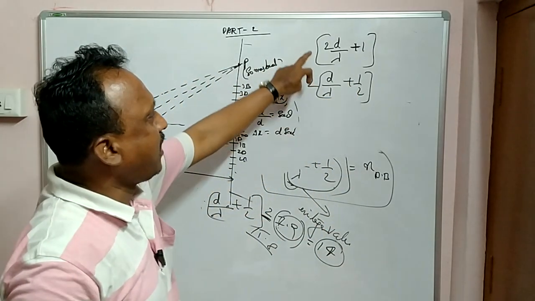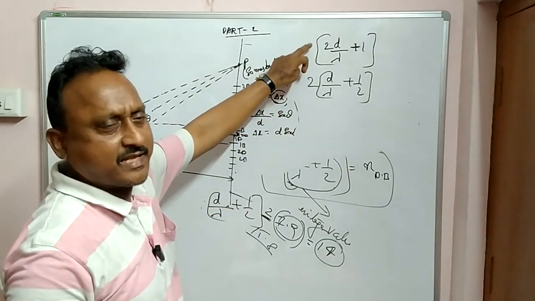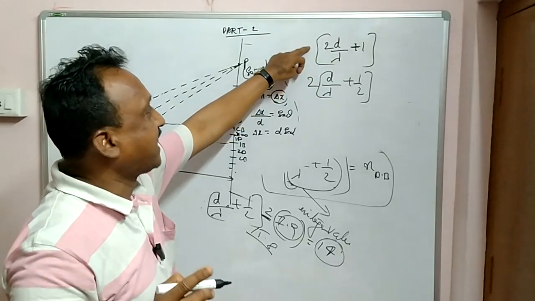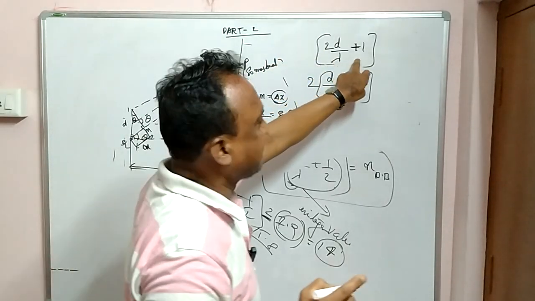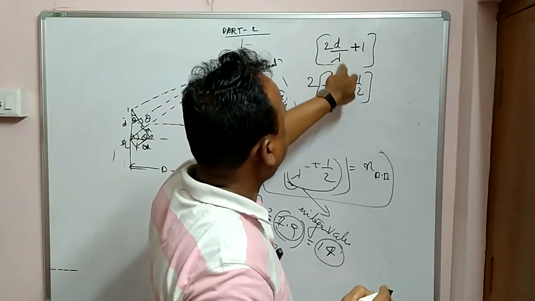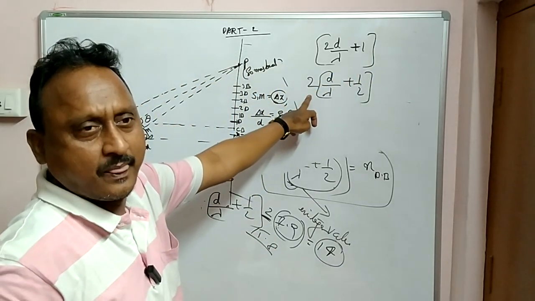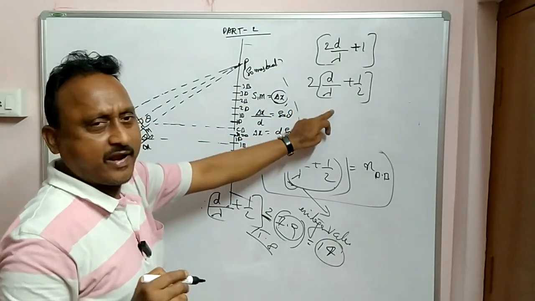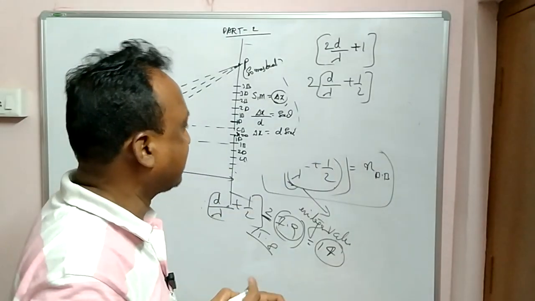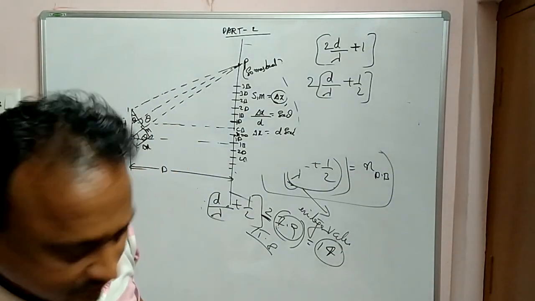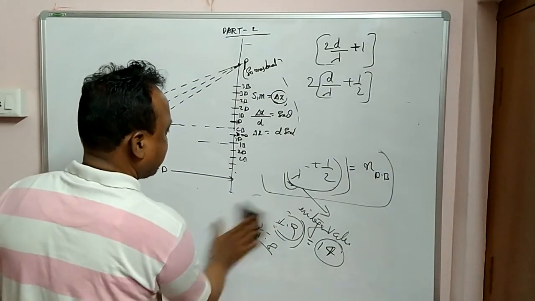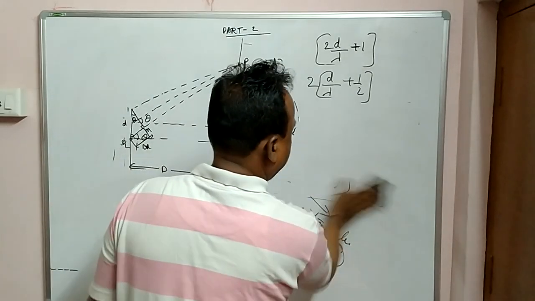So these are two formulas. The first is the number of bright bands formed on either side including the central band, and this value is taken as the integer value. The second, 2 times d by lambda plus 1 by 2, excluding the central band, is the number of dark bands formed on either side. So if you remember these formulas well, you can do numericals easily. Let us go further now.